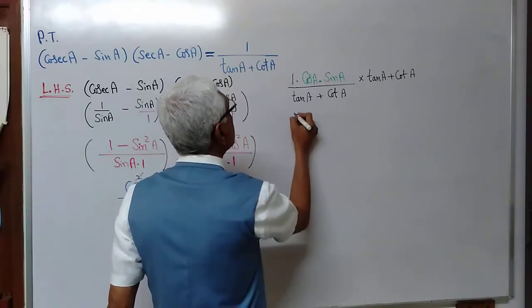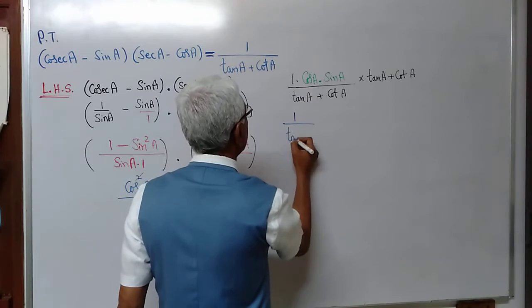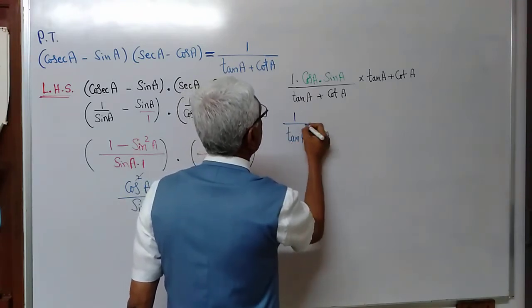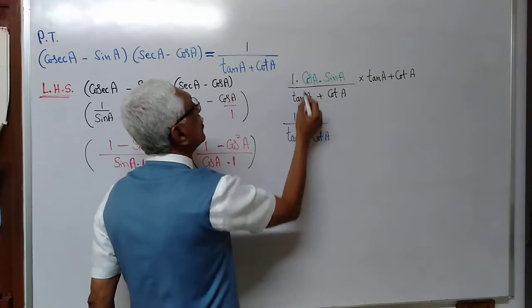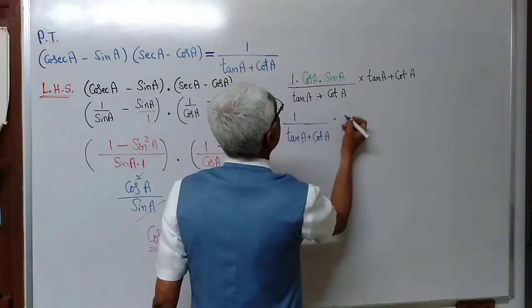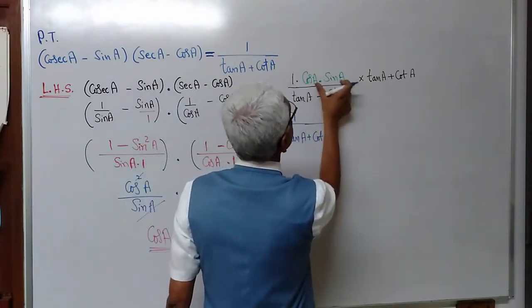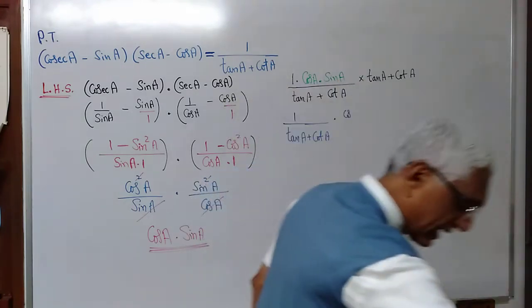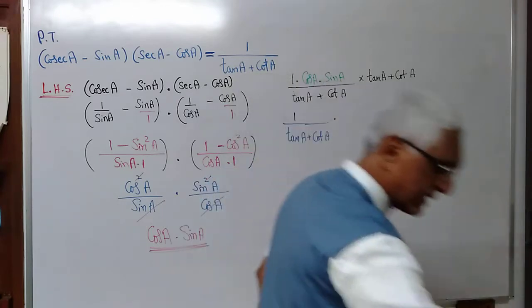So can I write this as 1 over tan A plus cot A, 1 whole over tan A plus cot A into this. Please watch. I'm just rewriting that one more step.